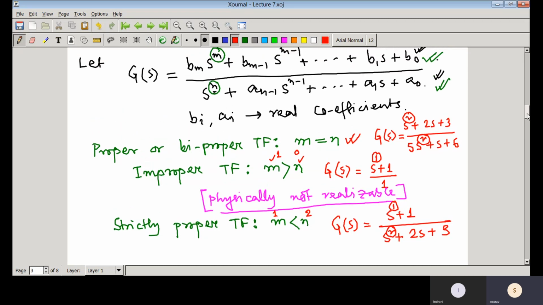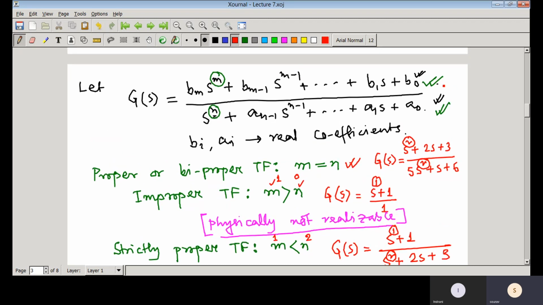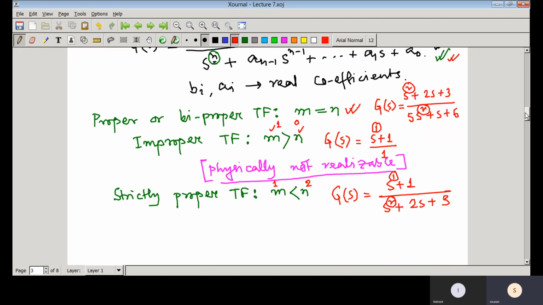So the transfer function is actually the ratio of two polynomials, numerator polynomial and denominator polynomial, and depending on the degree of the numerator and denominator polynomial, we can classify transfer functions into three different classes: the proper transfer function, the improper transfer function and the strictly proper transfer function.